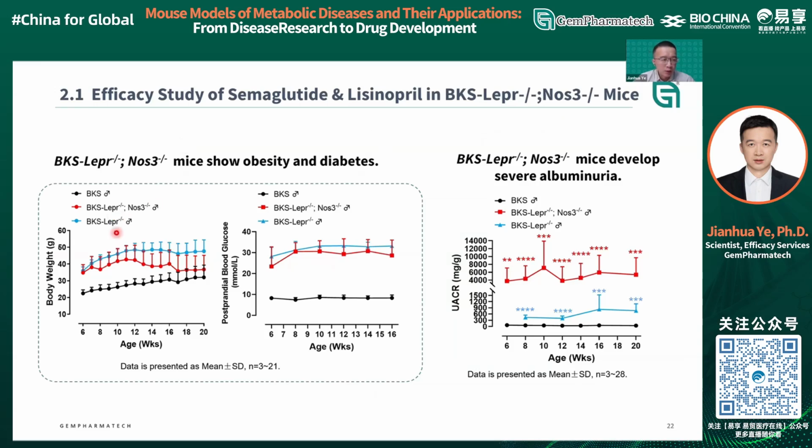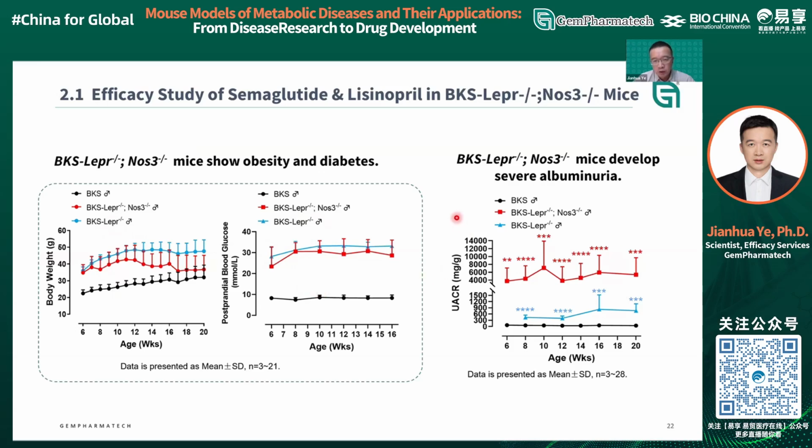So as we can see here, the db/db plus NOS3 knockout mice has heavier body weight than normal BKS mice, although its body weight is not as heavy as the db/db mice, which is the blue line. And for the glucose level, the db/db mice and the db/db plus NOS3 knockout mice show similar levels of blood glucose, which is much higher than normal mice.